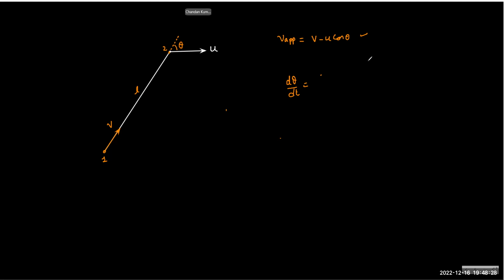Do you all realize this? And in this case, V cannot have any component normal to the line joining, isn't it? Only U can have. So what is the component of U normal to the line joining 1 and 2? So this will be U cos theta. So what is this component? Can we say U sin theta?